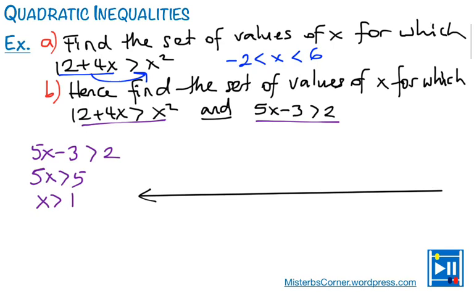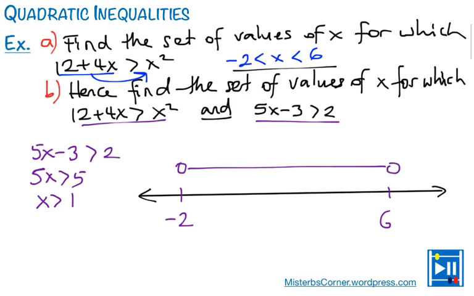Here, I have the solution set for the first inequality being -2 to 6, right? So this is my solution set to the first inequality. The second inequality suggests that, let's say this is 0, this is 1, it's going to be bigger than 1.